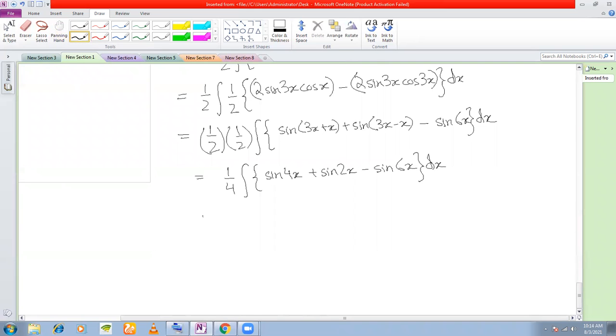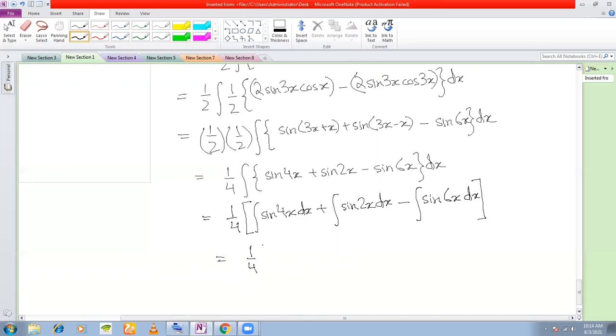Now I distribute the integration over each of the trigonometric functions. So you have integral sine 4x dx plus integral sine 2x dx minus integral sine 6x dx, which is equal to 1/4.